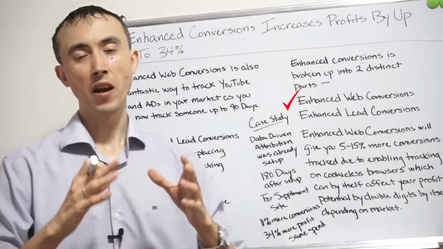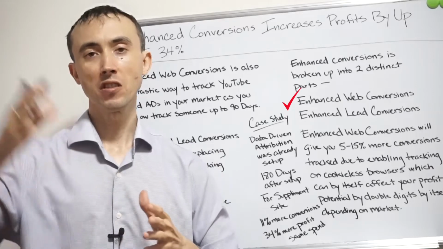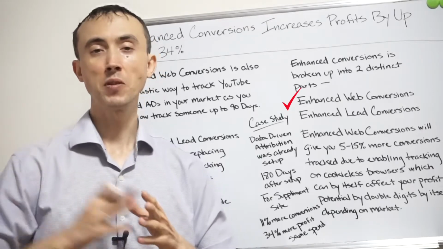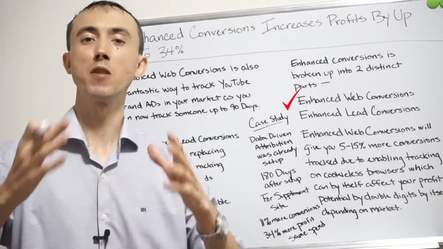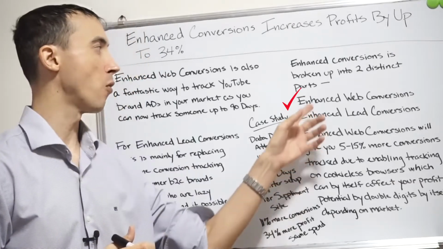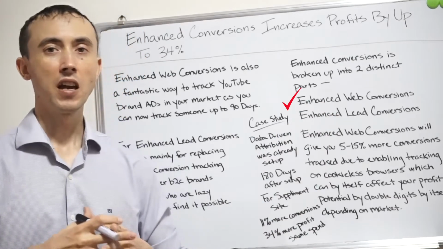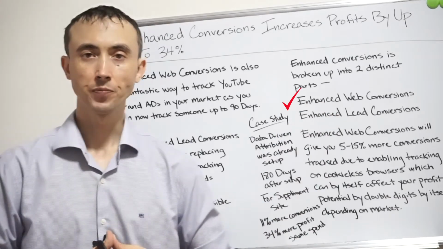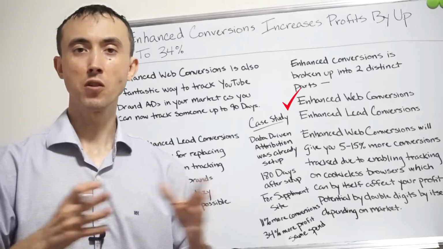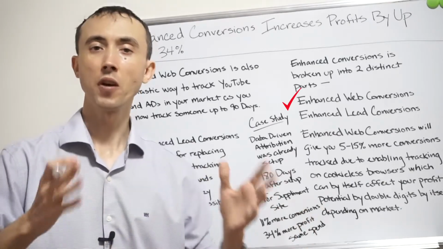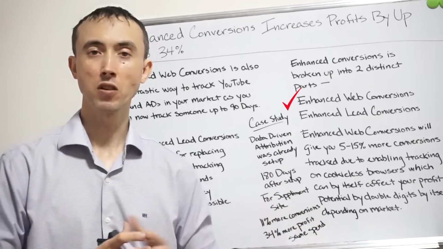Where somebody's going to purchase without doing it on the first visit to the website, you'll be able to get those conversions tracked using this enhanced web conversions tracking itself. And so with that, you're going to be able to get more conversion data. More conversion data always leads to more results.